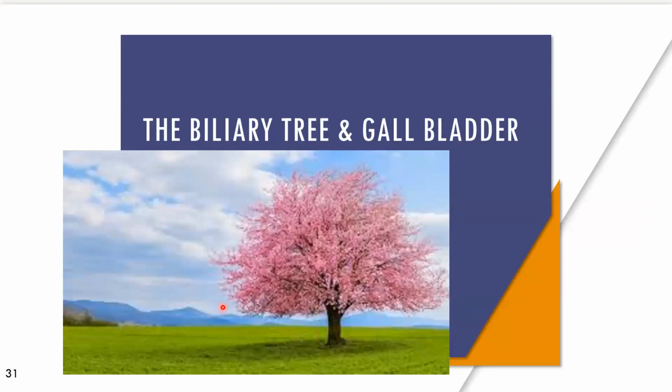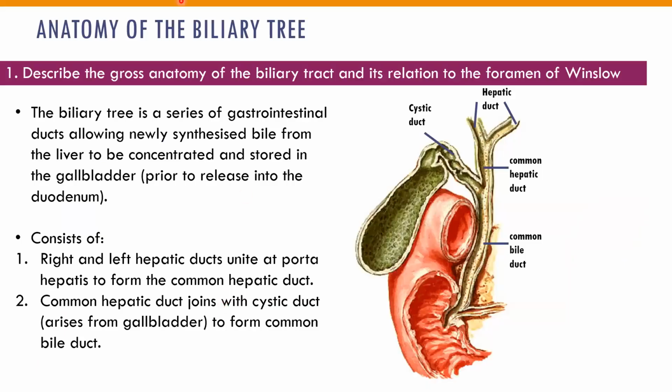Okay, now we go to the second part, which is the biliary tree and gallbladder. The biliary tree is a series of gastrointestinal ducts allowing newly synthesized bile from the liver to be concentrated and stored in the gallbladder.